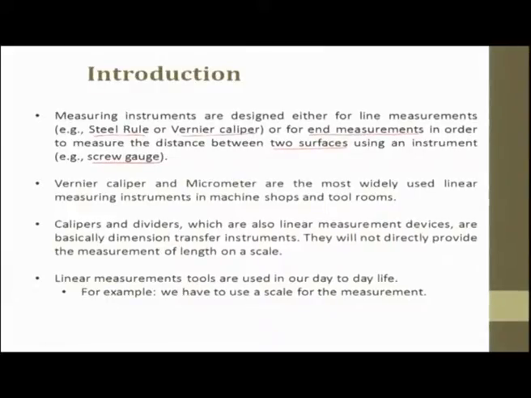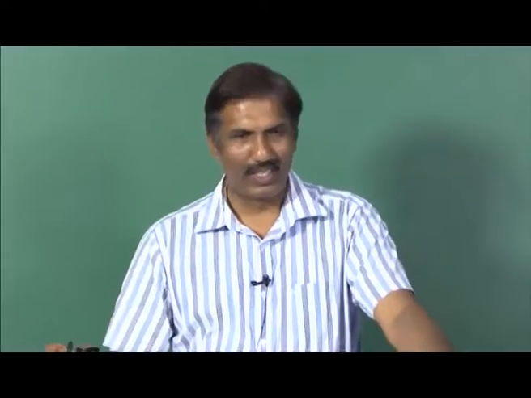Vernier caliper and micrometer are the most widely used linear measuring instruments in machine shop and tool room as well as in academics. Calipers and dividers are also linear measurement devices. A caliper is something like your plug gauges. You set a diameter, or measure a component, set the diameter, pull it out, and then keep it in front of a line measurement and take the dimensions.